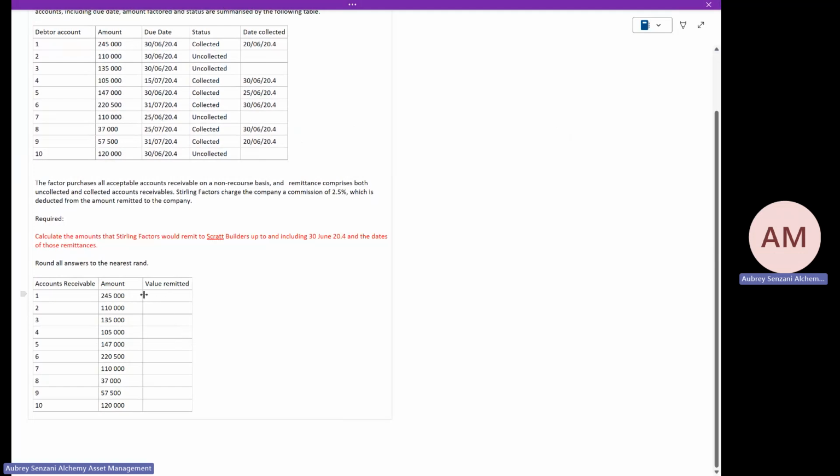So let's see now. Remember, they said there is a 2.5% commission. So the value remitted should then obviously just be this amount minus the 2.5. So if we calculate, what do you get?